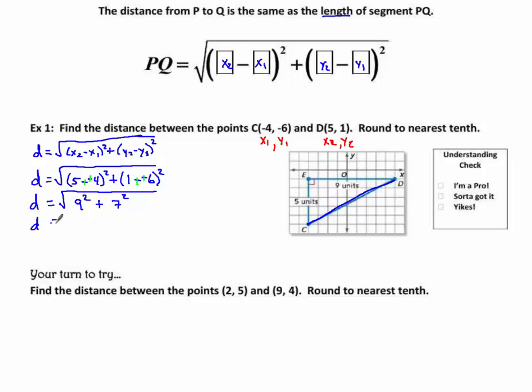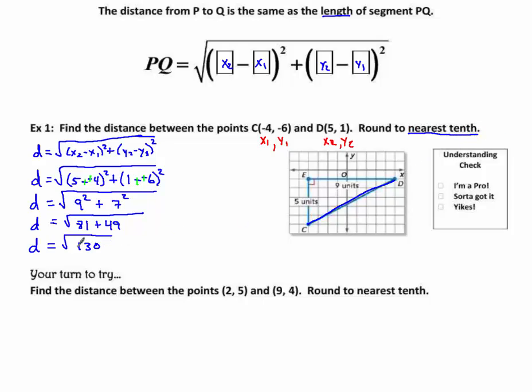And then we're just going to finish it up. 9 squared is 81. Plus 7 squared, 49. So the square root of 81 plus 49 is the square root of 130. Now we look up here and it says round to the nearest tenth.